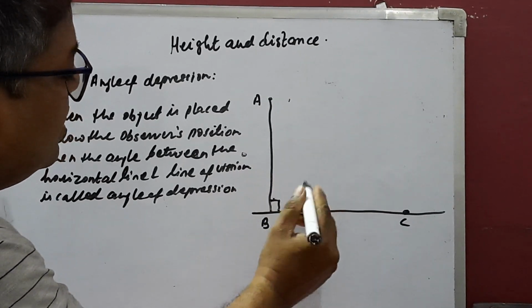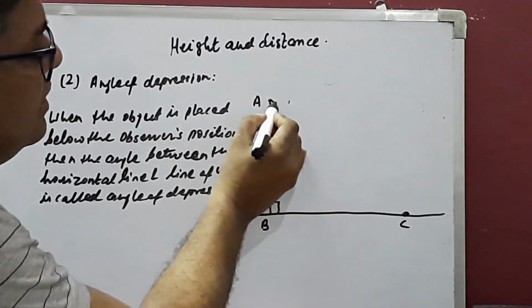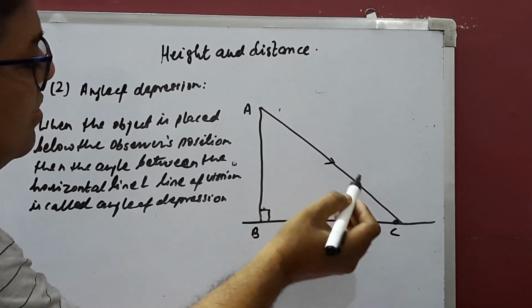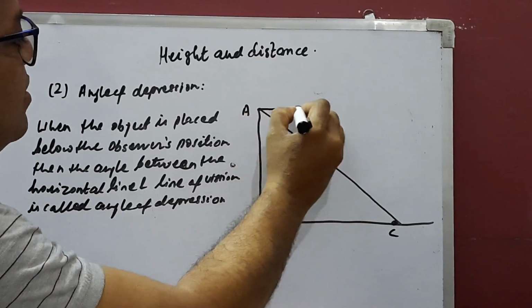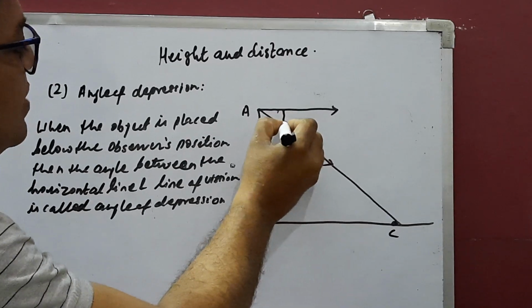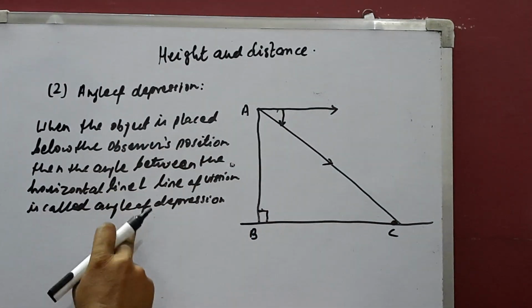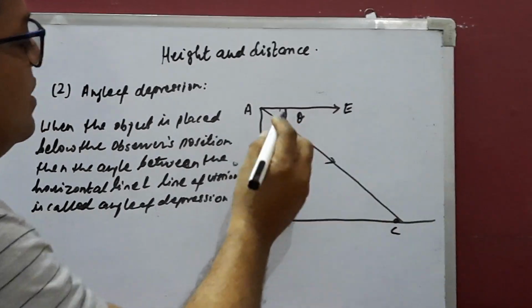So you will write here a right angle, and he wants to see the object placed at C. Therefore, this is the line of vision. Sorry, and you will plot a horizontal line here, and this is called angle of depression, as mentioned in the definition. And this is E, and this is theta.